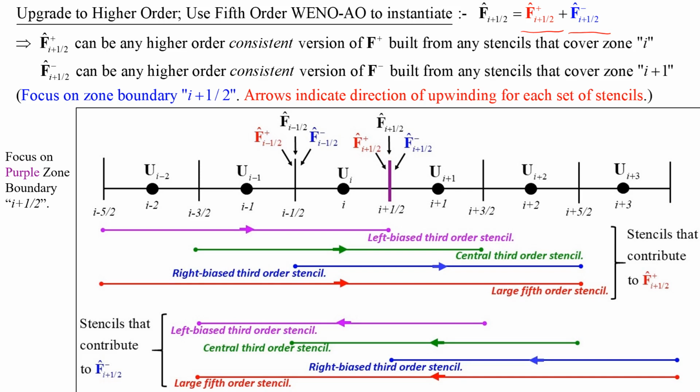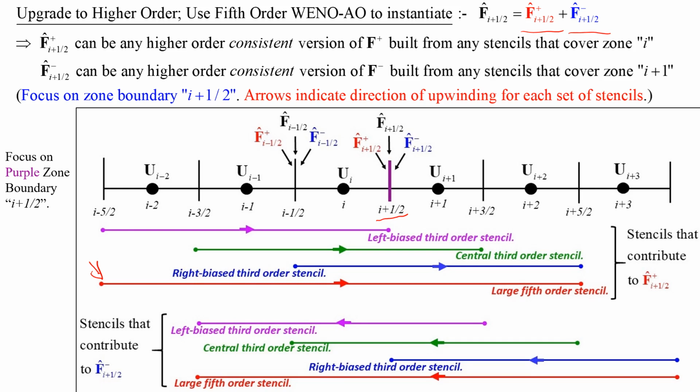Imagine we want to focus again at zone boundary I plus a half. We can choose this big stencil, and for all the zones covered by this big stencil, we can evaluate F plus from those zones.